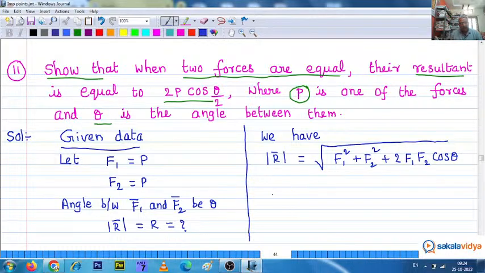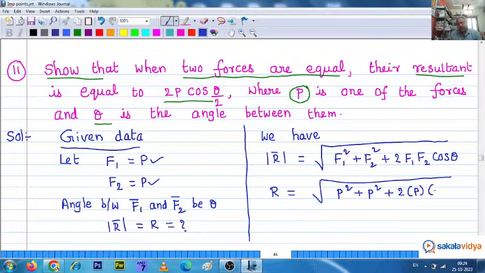Now r bar, the resultant, is equal to root over, instead of f1 you write p, f2 also p. So that is p square plus p square plus 2 times p into p into cos theta. Let us simplify.